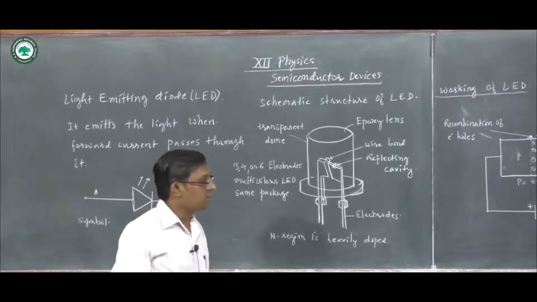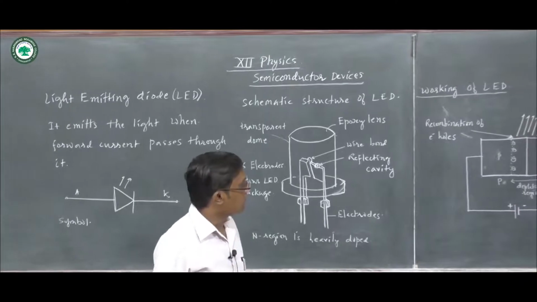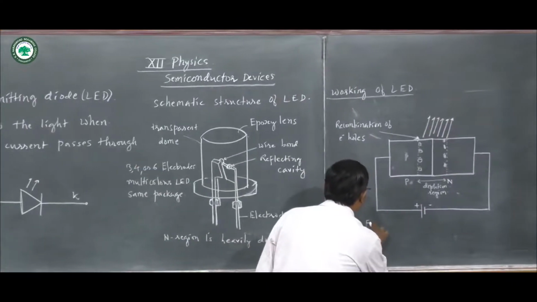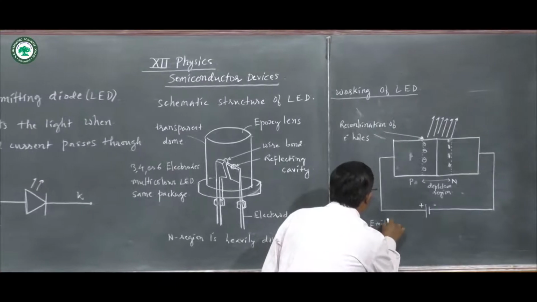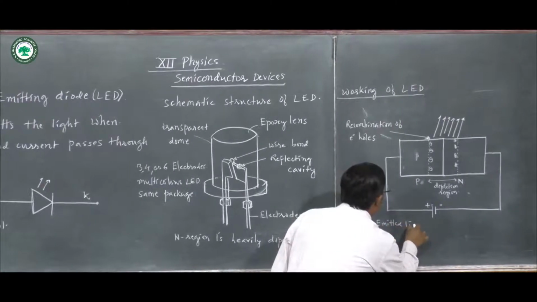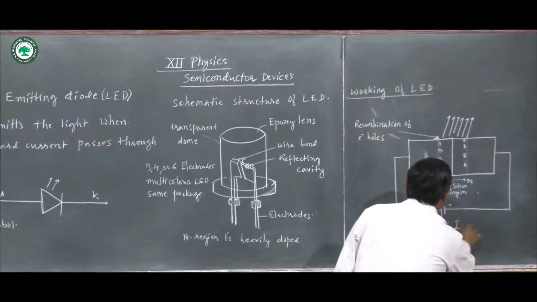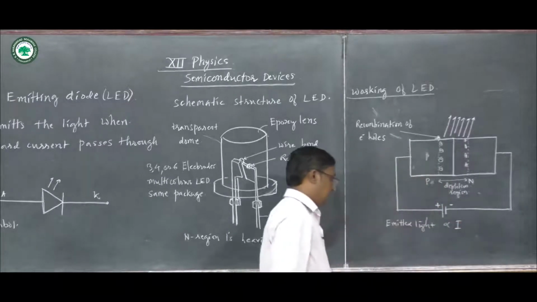This emitted light is directly proportional to the current passing through it.